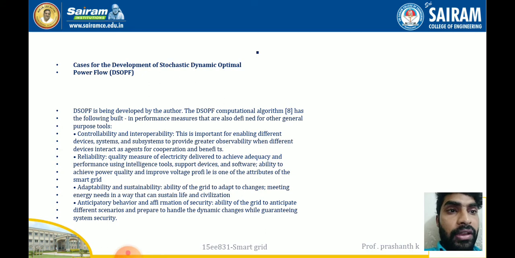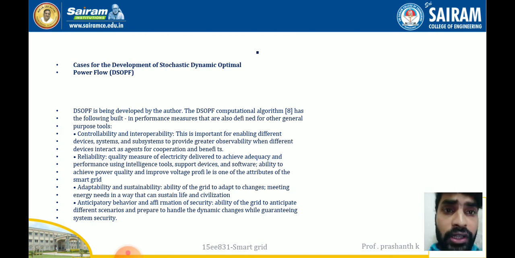This is important for enabling different devices, systems, and subsystems to provide greater observation when different devices interact, agents for cooperation and benefits, right? And reliability: quality measure of electricity delivered to achieve adequacy and performance using intelligent tools, support devices, and software's ability to achieve power quality and improve the voltage profile, which is one of the attributes of the smart grid.